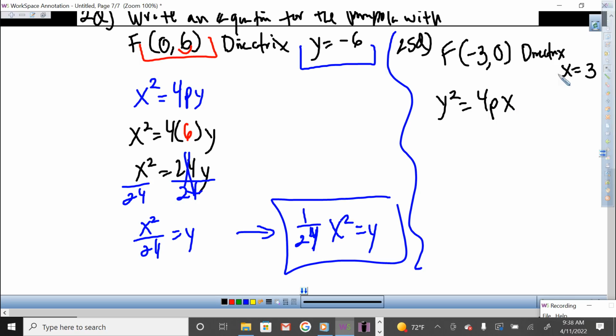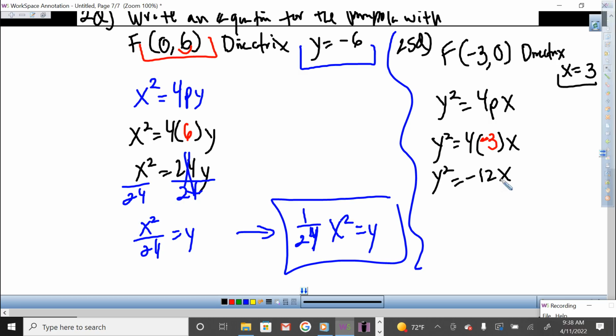Yes, because that's what they give us here for the directrix. All right, and y squared equals 4 times what times x? What goes here for the p, everyone? -3. So therefore this is y squared equals -12 times x.